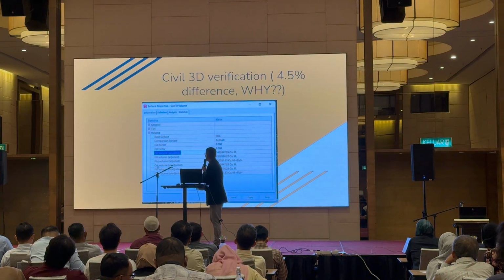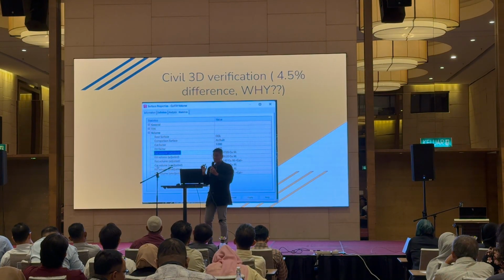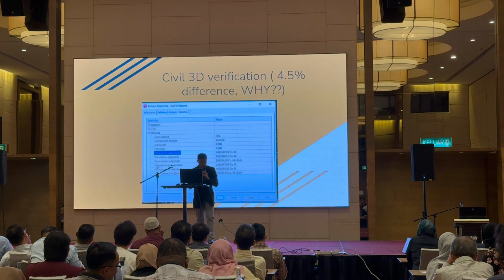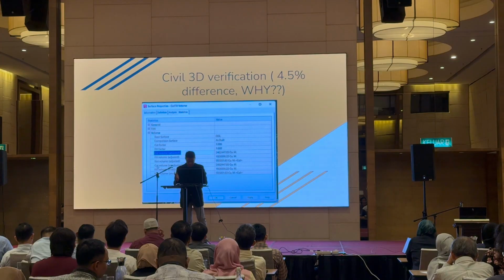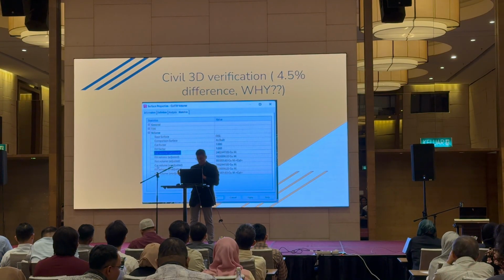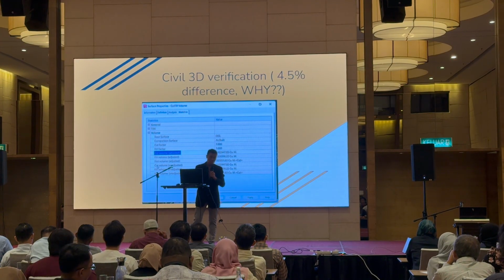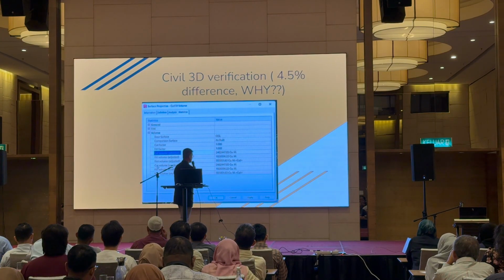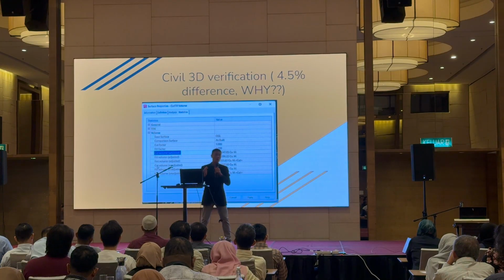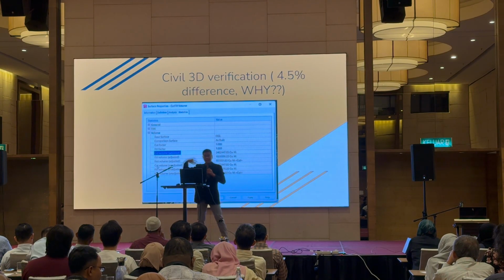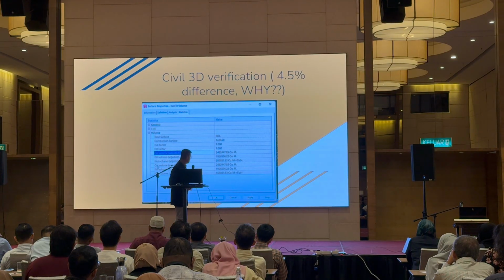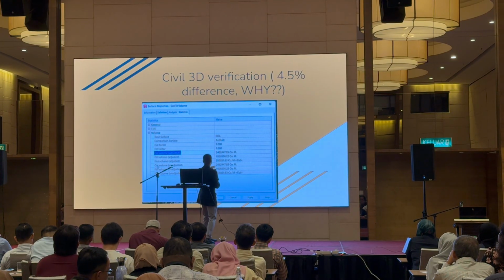Okay, so now this is where Civil 3D comes in again. This time we use the MC integrator again to transport MiTS to Civil 3D. In Civil 3D, the result is a lot closer to our result than the other party's. It is 248 here.